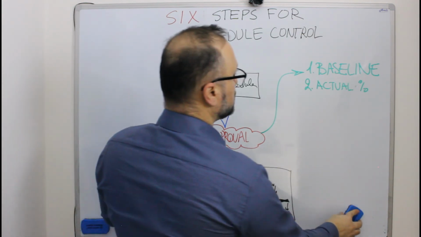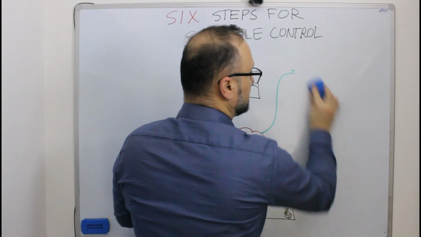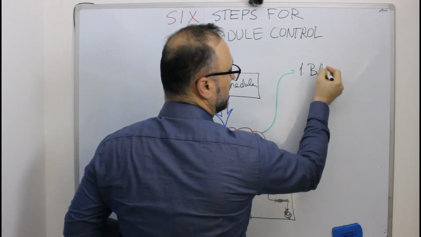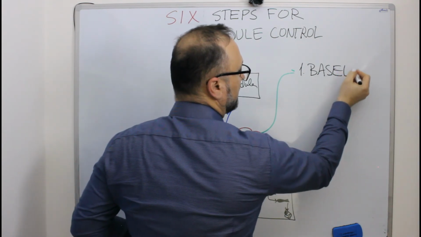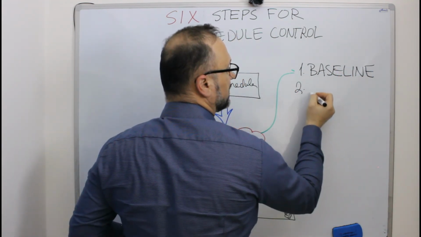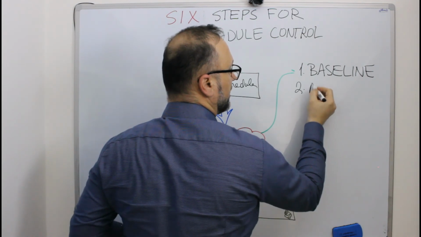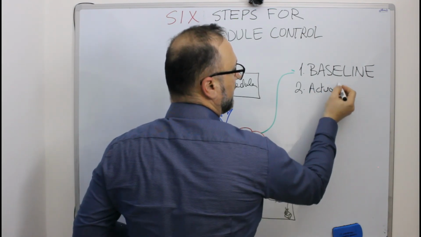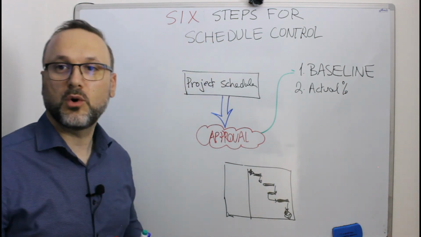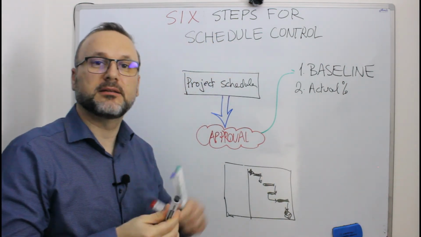Okay, let me change the color to see it properly. One is the baseline. Second is the actual percentage of tasks and milestones.